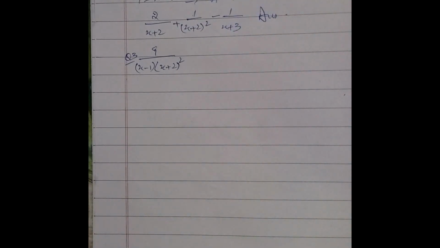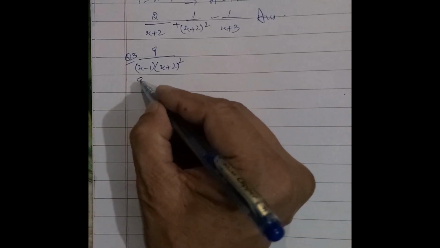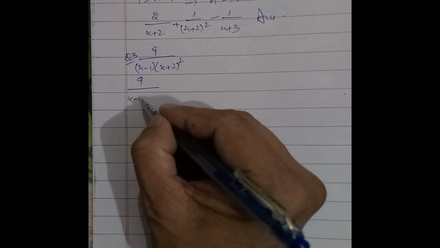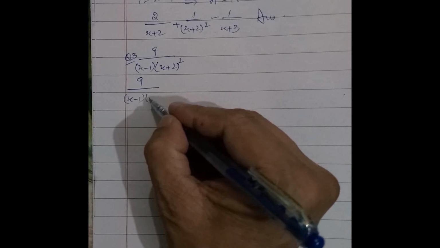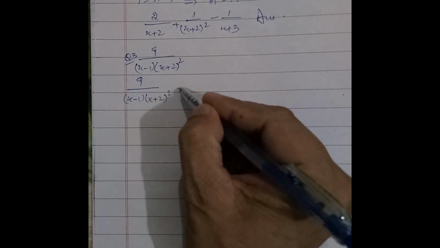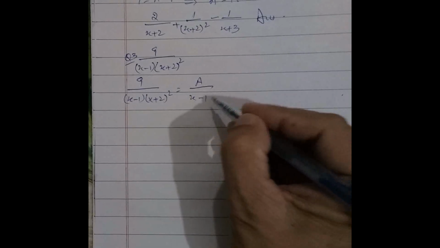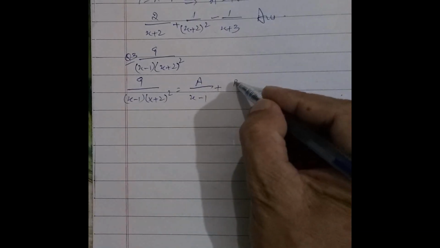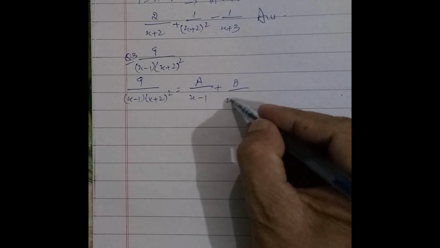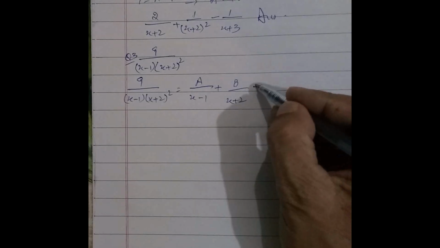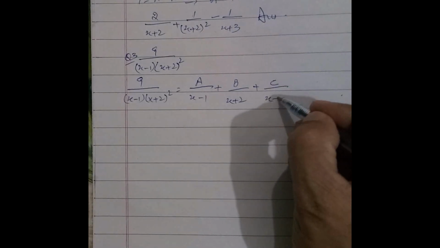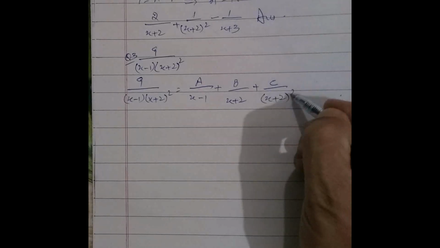Now convert them into partial fractions. We get 9 over (x minus 1) into (x plus 2) whole square is equal to a over x minus 1 plus b over x plus 2 plus c over (x plus 2) whole square.